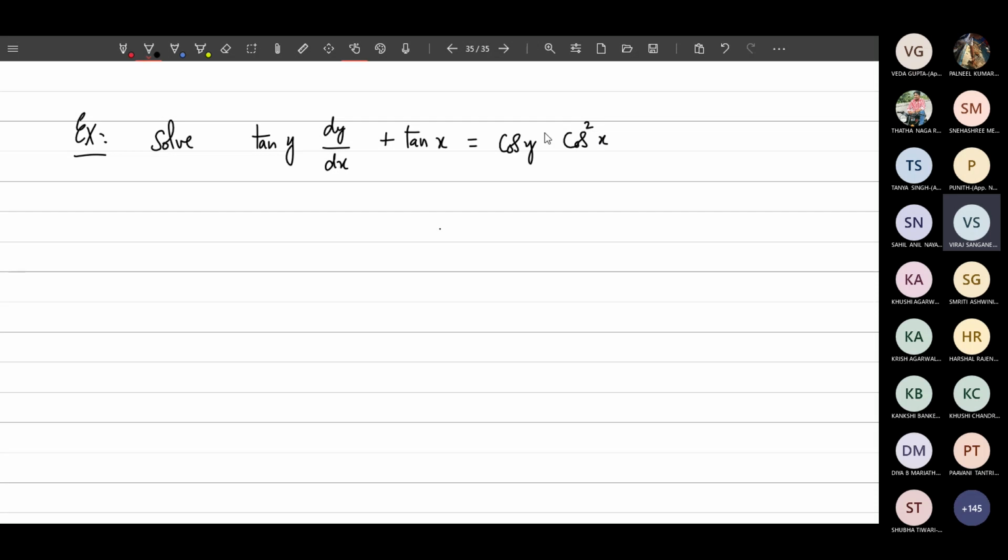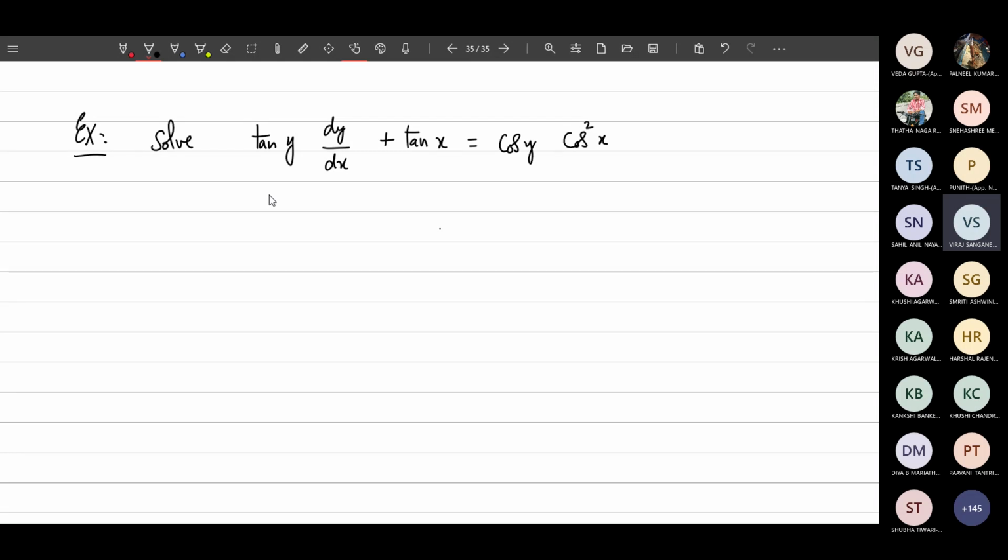So here you are not able to distinguish it because the dy by dx coefficient is something else. So always we need dy by dx or dx by dy coefficient to be 1 or with the other parameter. And the right side should be a function of x or a function of y, one of those, so that we can get rid of y or x suitably.